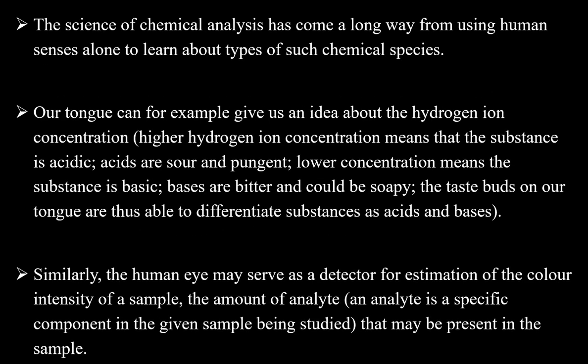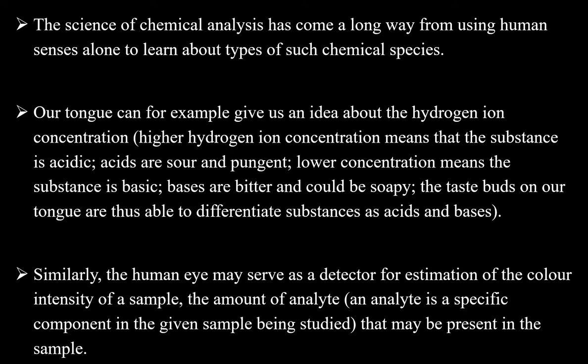The science of chemical analysis has come a long way from using human senses alone to learn about the type of chemical species. Our sensory organs, such as the skin, which can judge temperature, and the eyes, nose, and tongue, are some of these. The tongue, for example, gives us an idea about the hydrogen ion concentration.